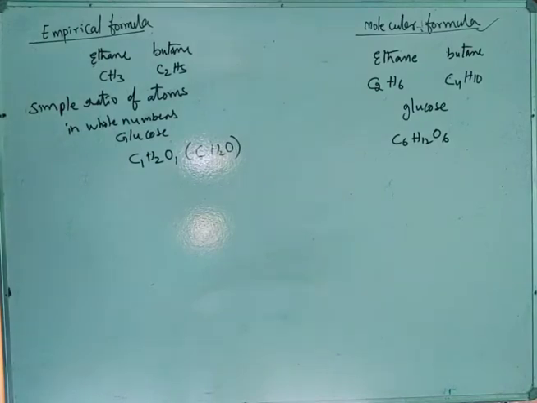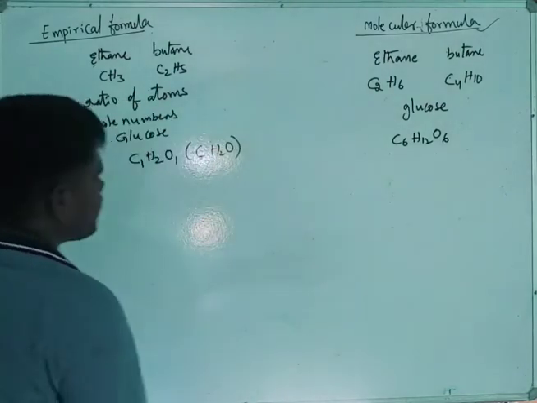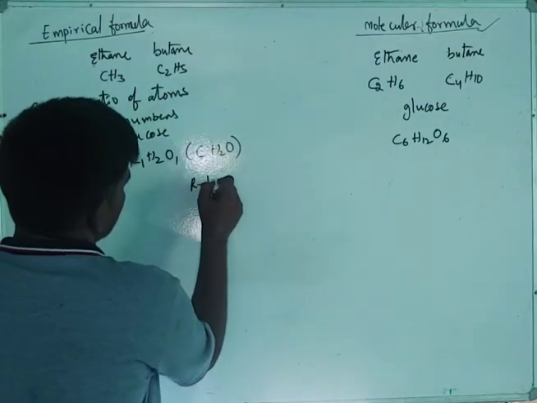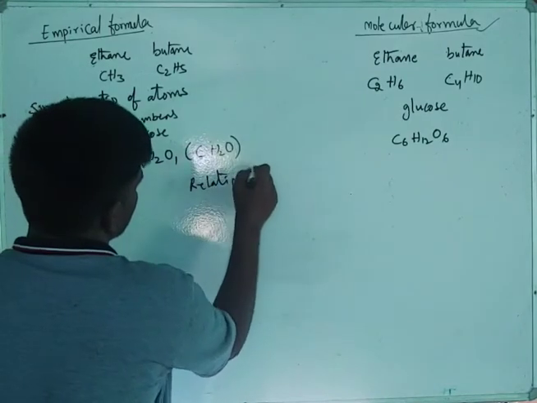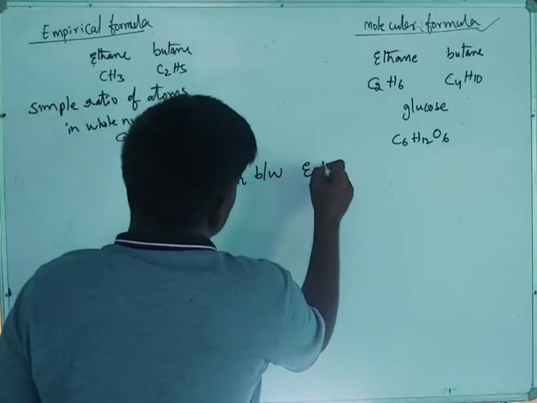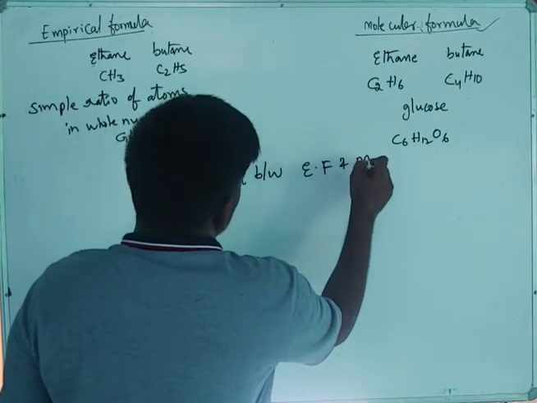So this is about empirical formula and molecular formula. Empirical formula is nothing but a simple ratio of atoms in whole numbers. Okay guys. Next, relation between empirical formula and molecular formula.